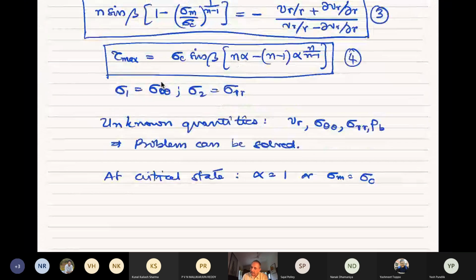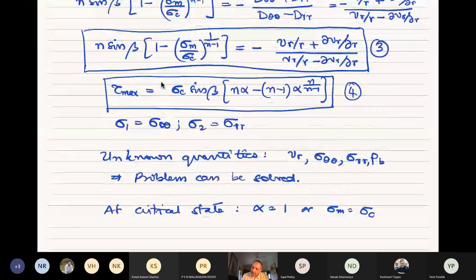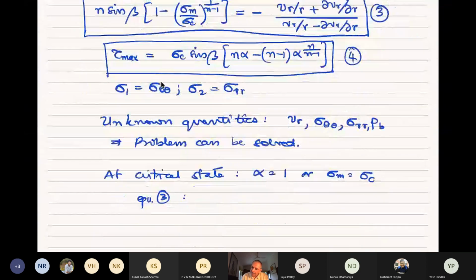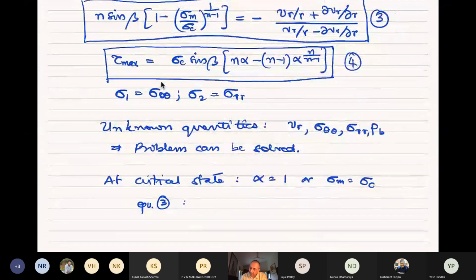So if sigma m is equal to sigma c, then equation 3 simply gives you that the left hand side is 0.